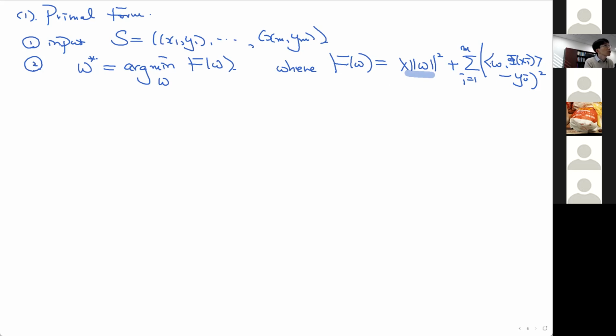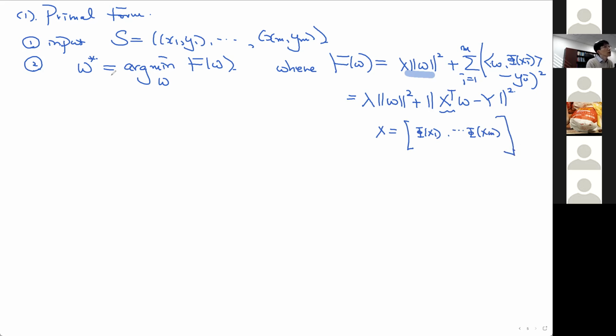Just like before, we can express this in matrix form. This is lambda norm of w squared plus this is just computing X transpose w minus y, squared. Here X is a bit different from the one you saw before. Here we just say phi of x1 to phi of xn.